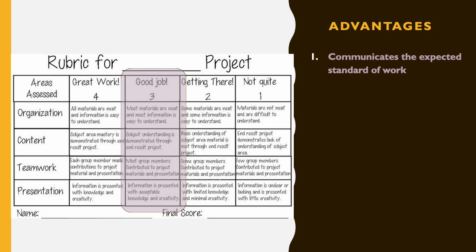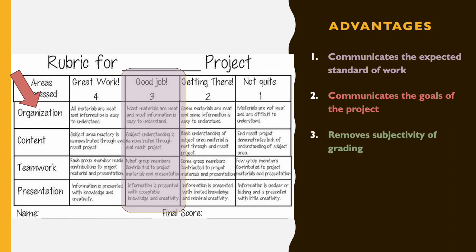Number 2, when the learner is able to read what the criteria are, they get a better idea of what the intent of the task or assessment is supposed to be. They understand what's going to be important to you. And that's important information for the learner. Number three, it removes some of the subjectivity that often comes with grading, right?